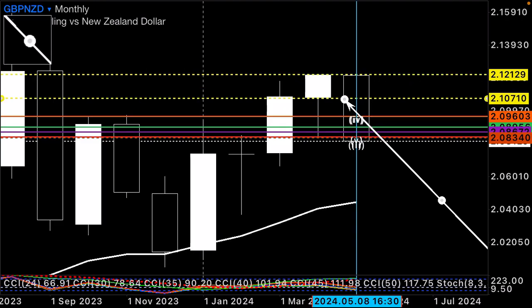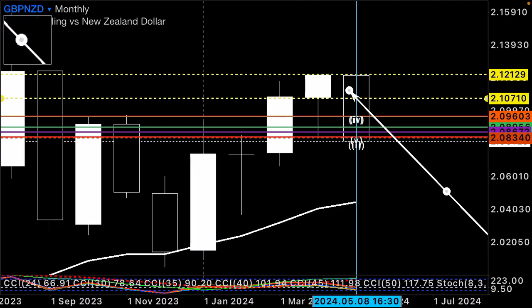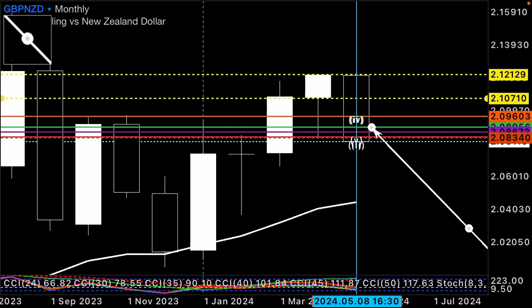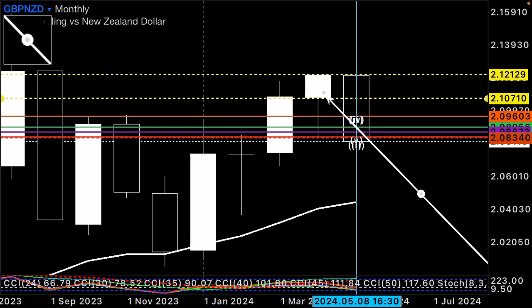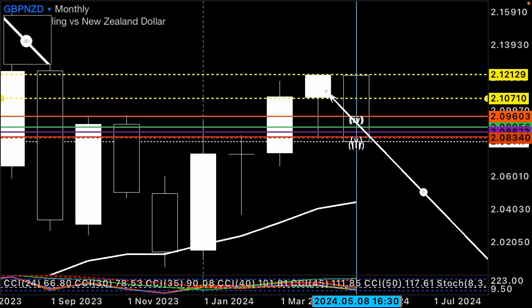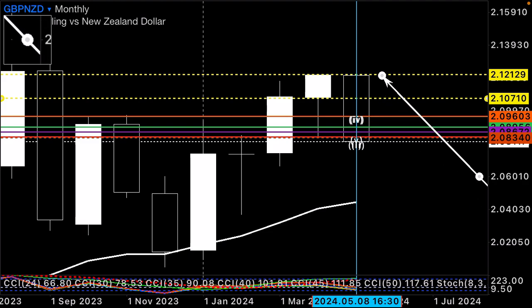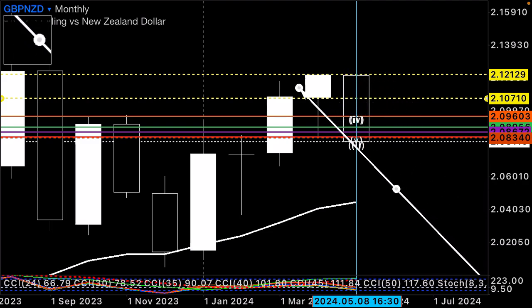And here's the previous month, because this black box here is the current month. This is last month, which is considered April. And so there's the yellow dotted line and the yellow dotted line for the high and the low for the month.